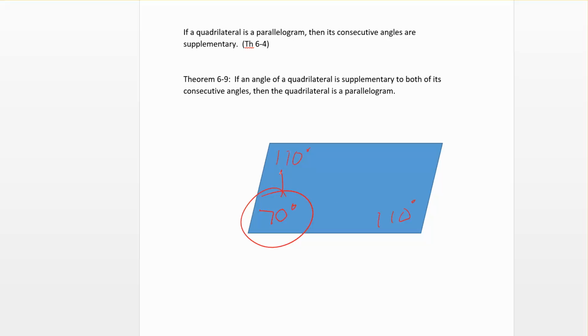So 70 is supplementary to that consecutive angle because they add to 180. And it's also supplementary to this consecutive angle because they add to 180. Then this quadrilateral must be a parallelogram. Okay, so 6.9 is saying we pick one angle. If it's supplementary to its two consecutive angles, then it's a parallelogram.